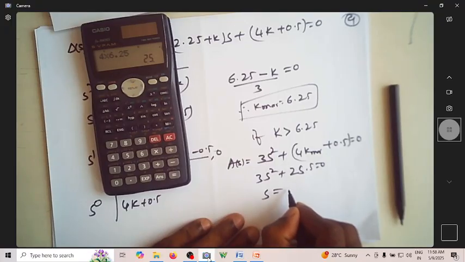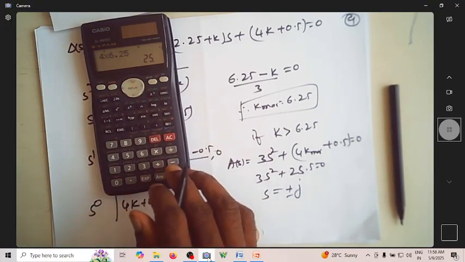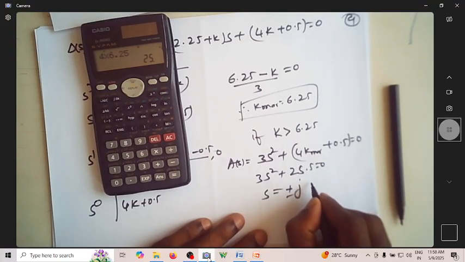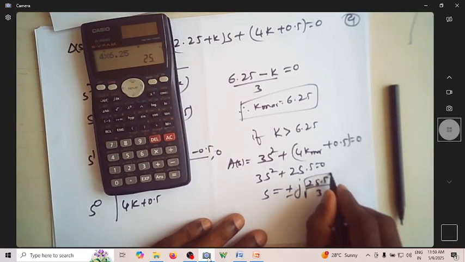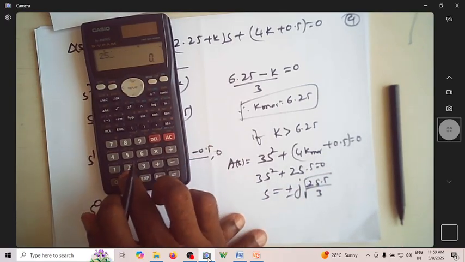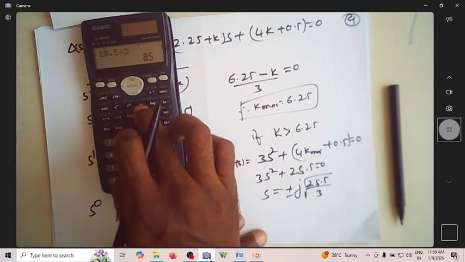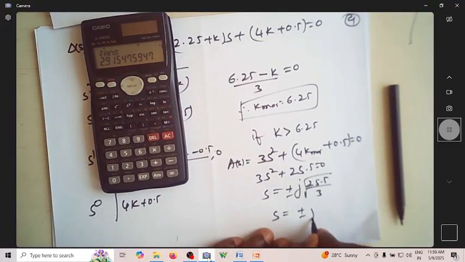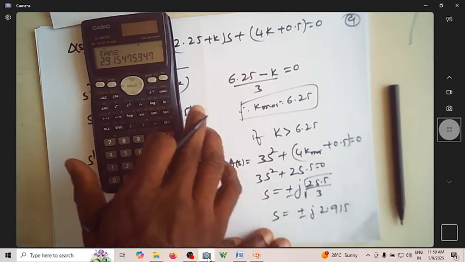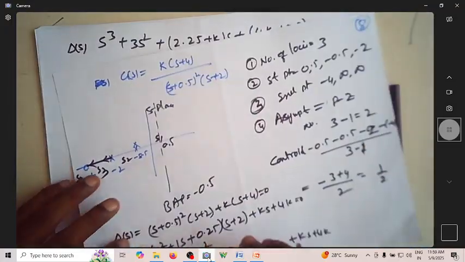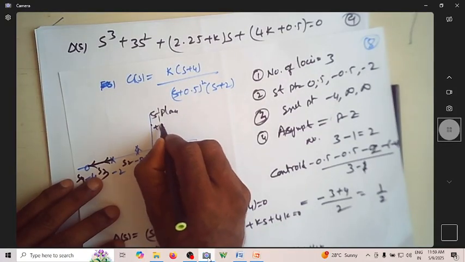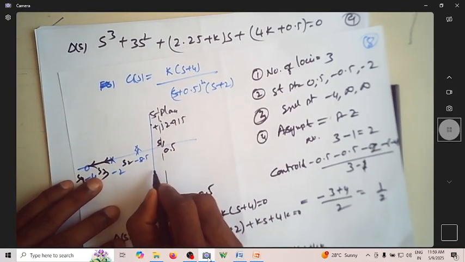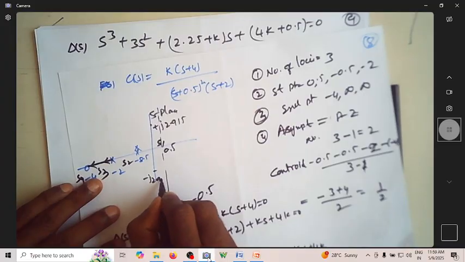Then s will be plus or minus j times the square root of 25.5 divided by 3, which is plus or minus j 2.915. So it will cross at plus j 2.915 and at minus j 2.915.